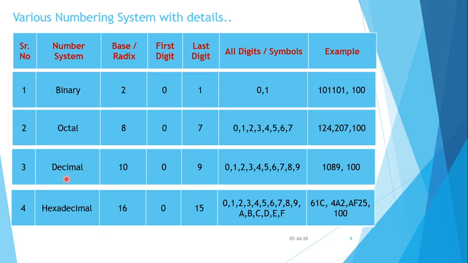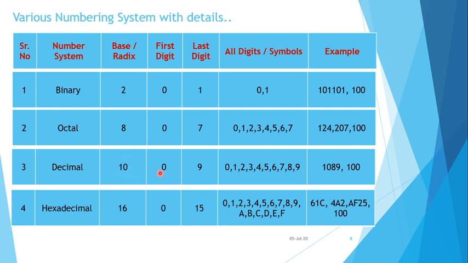Then third is the decimal number system, which is quite often used. Generally the decimal number system is used, and we are very much familiar with it. Okay, now the base for decimal is 10.